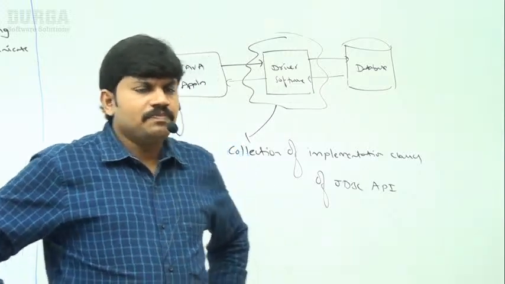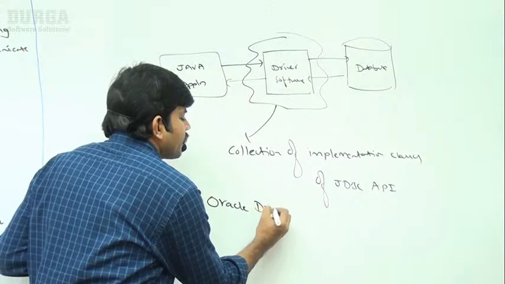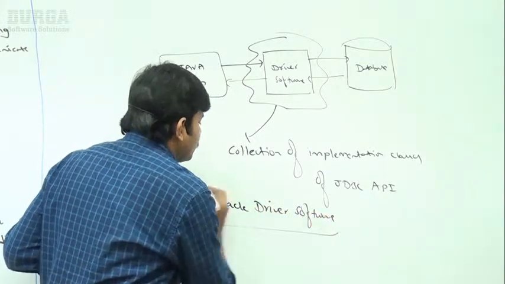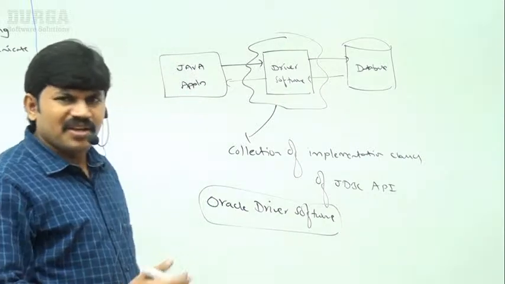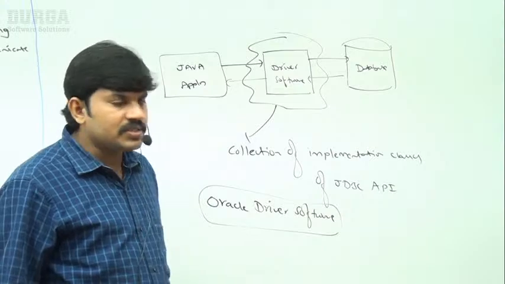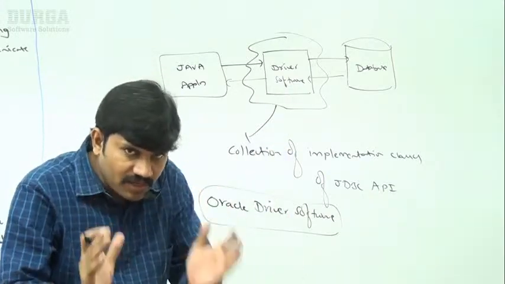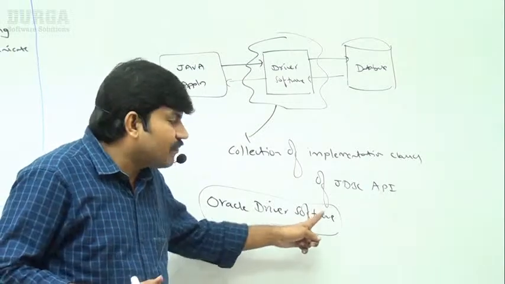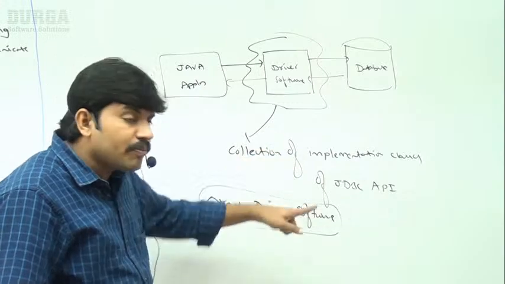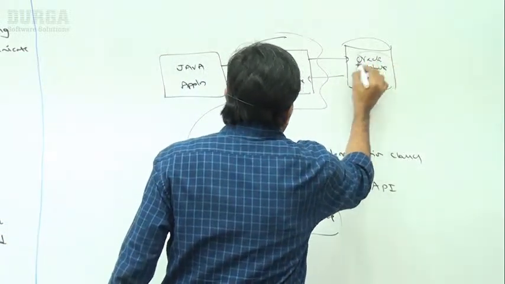For example, I have Oracle driver software. Can you spell out the meaning of this? Oracle driver software is a collection of classes, a collection of implementation classes of JDBC API, which can be used to communicate with Oracle database.